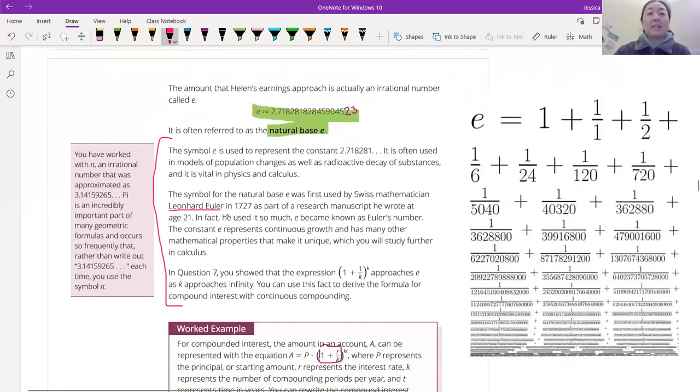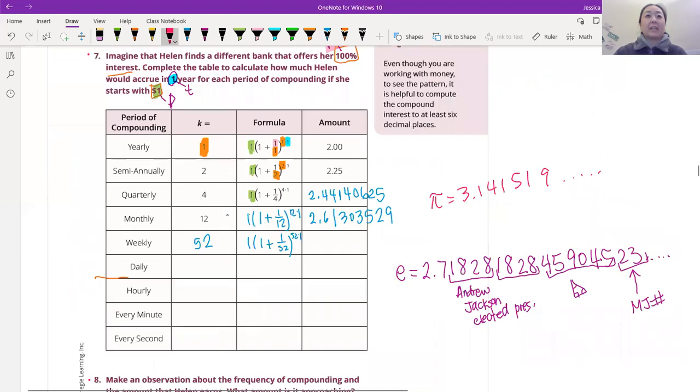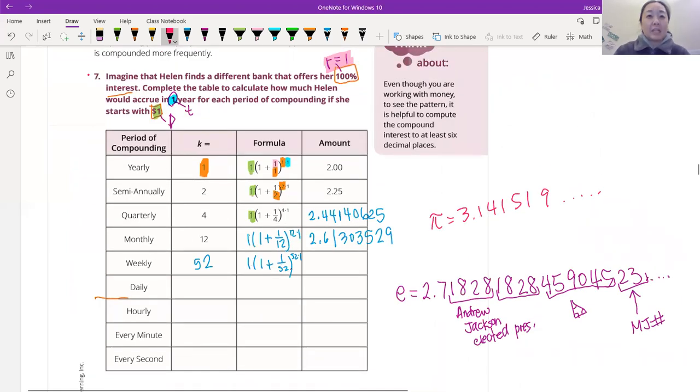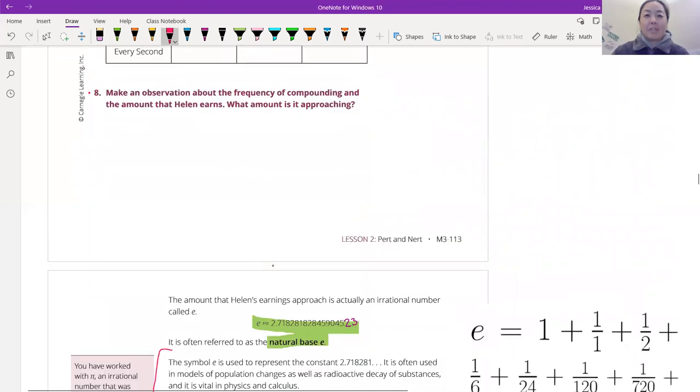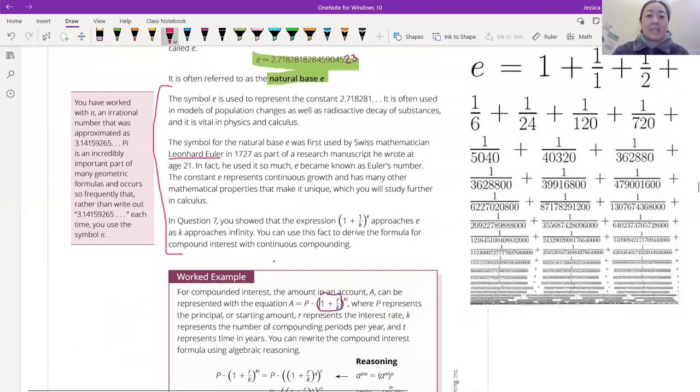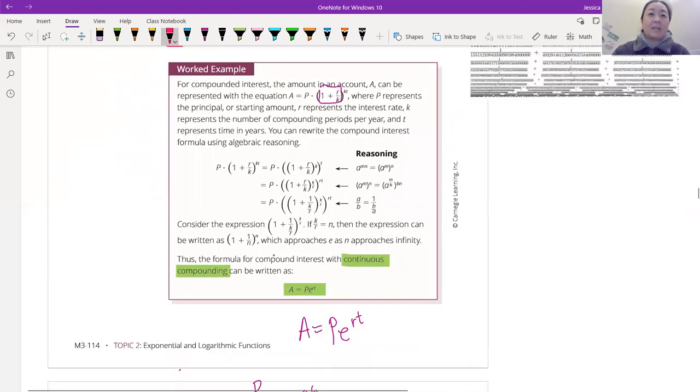All right. So basically, if we're saying that this expression inside the parentheses with the 52 exponent is approaching this e, right? We could just replace it with e and say it's continuously compounding, right? And they do a little bit of mathematics in here. We're going to jump to this part, this is just Pert, right?